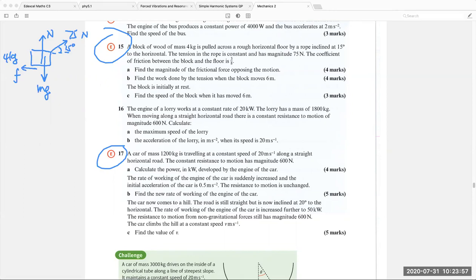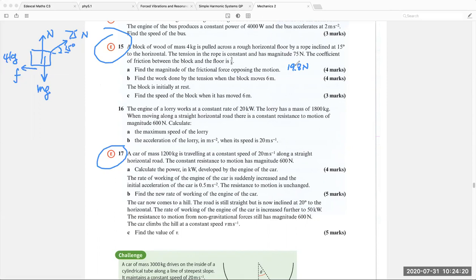So for part A, what answer do you get? Wait, I have to just find the coefficient of friction. Okay, do you all get the same answer?